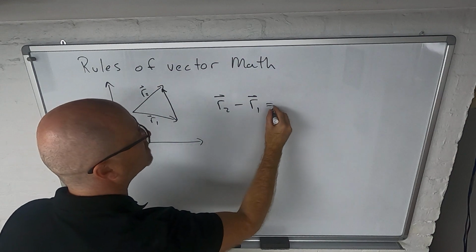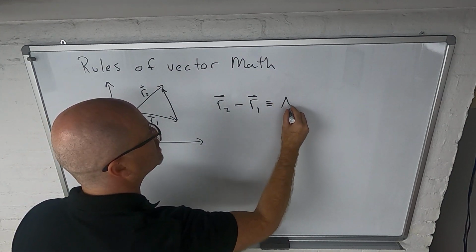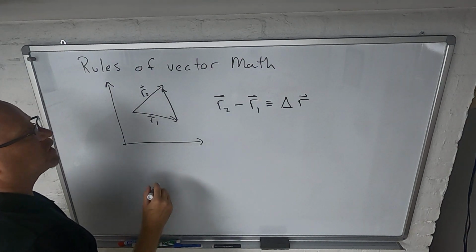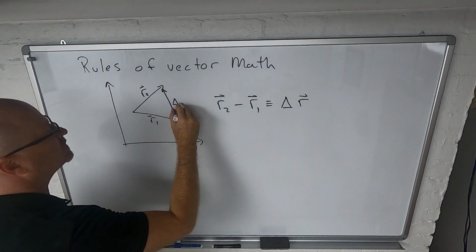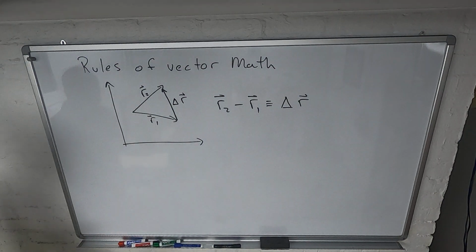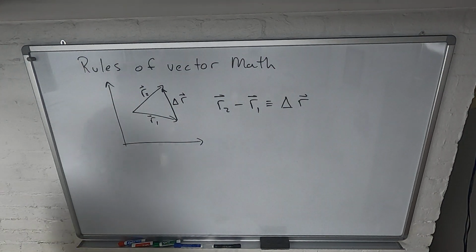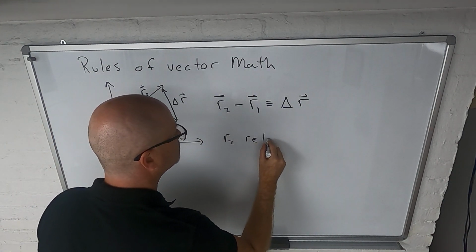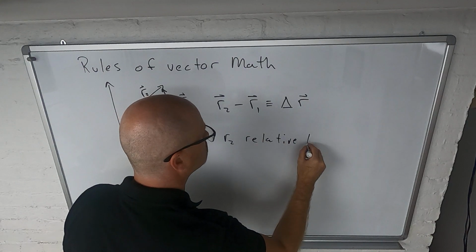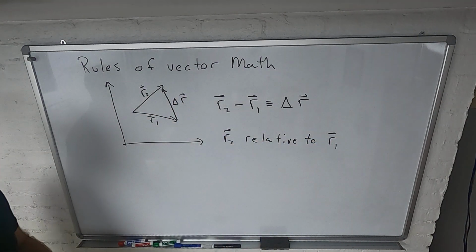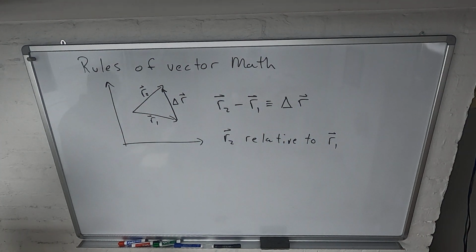And I'm going to define this as being the change in R. Okay? And so this is delta R. That's the vector, delta R. Now, it's R2 relative to R1. That's how we say that in practice.